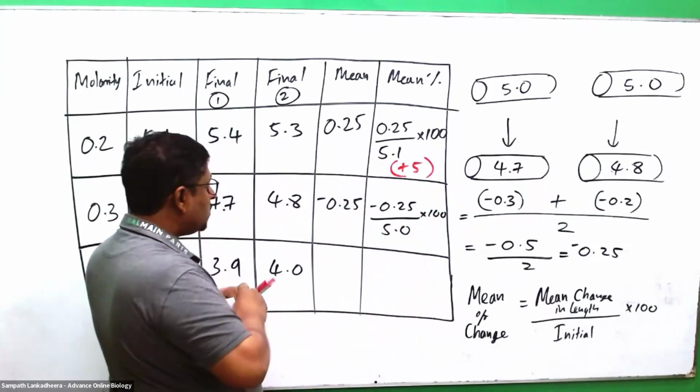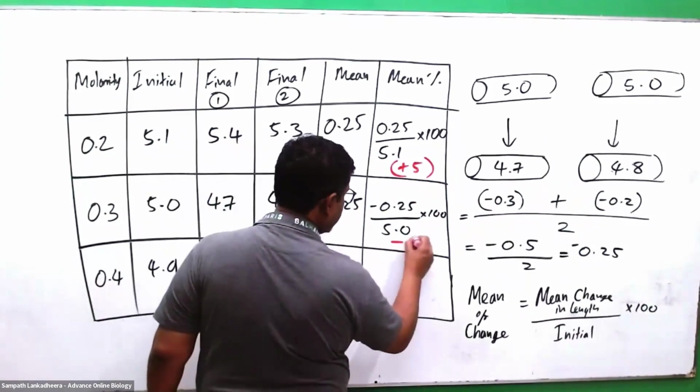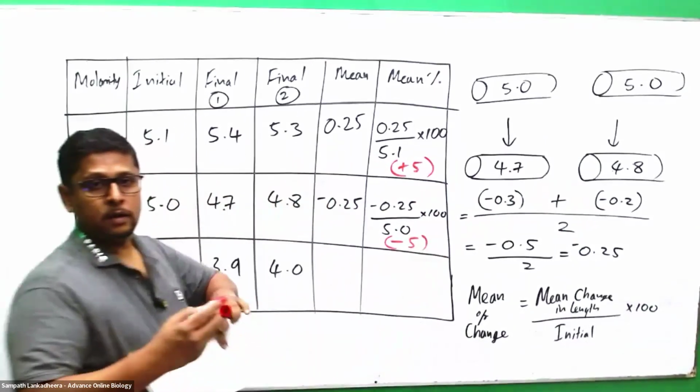When you do that, you get a value of minus 5.